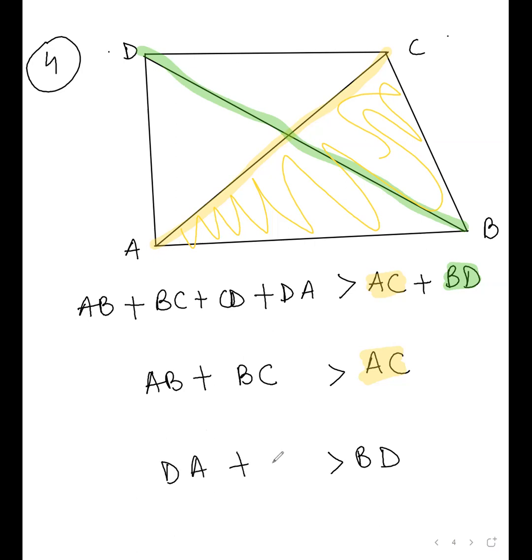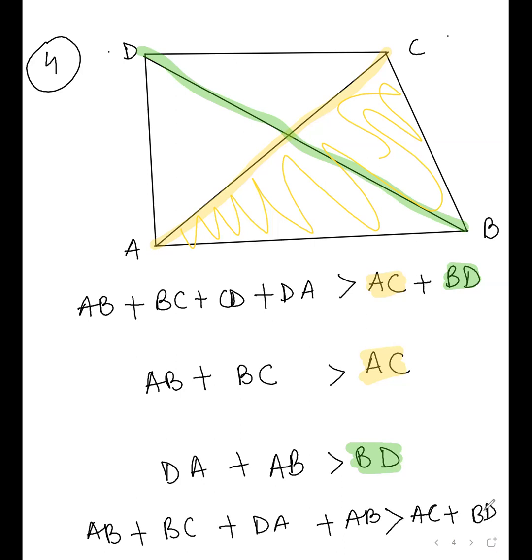DA plus AB. Very good. Okay. Now, when you add these, what will happen? AB plus BC plus DA plus AB is greater than AC plus BD.